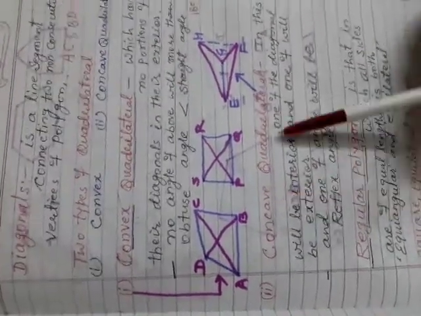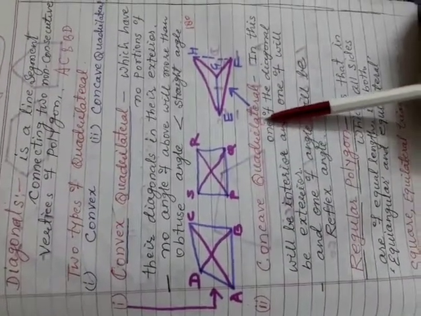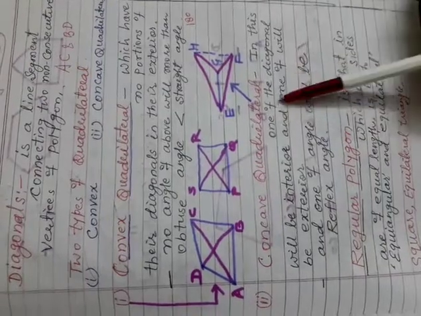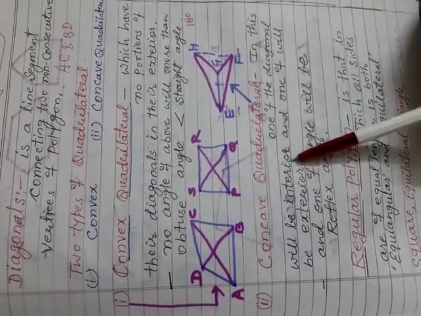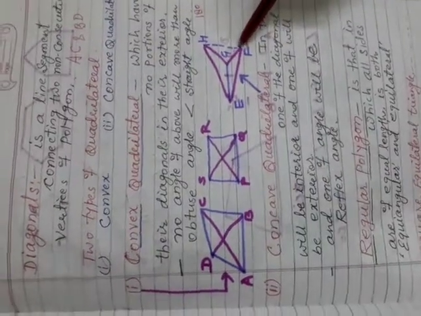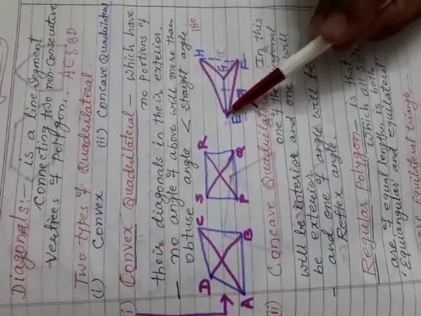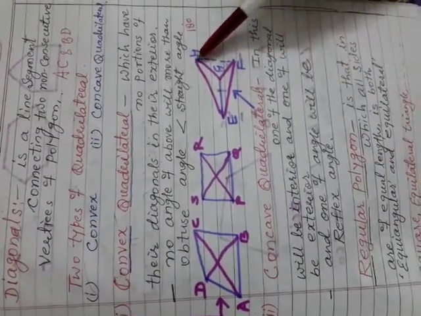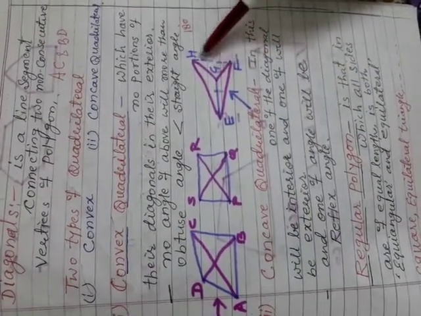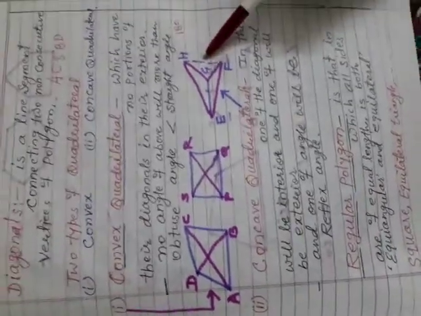Another part is the concave quadrilateral. The concave quadrilateral is also a four-sided polygon. In this, one of the diagonals will be interior and one will be exterior. From this figure, we can say that this one diagonal is lying inside. Diagonal means opposite vertices joined together, but this other diagonal is lying outside of the quadrilateral.